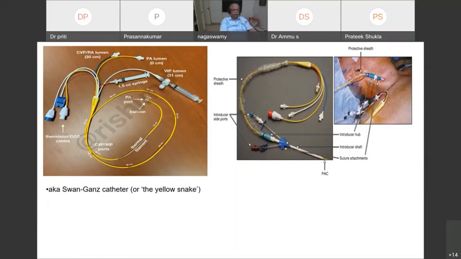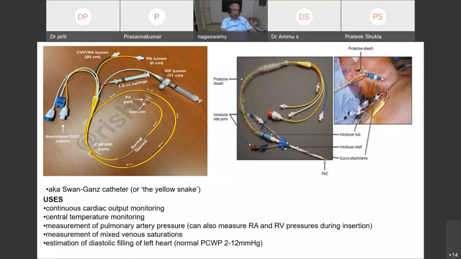Where do you use it? Cardiac output monitoring by the thermodilution technique. Okay, that's the only one. So continuous cardiac output monitoring, central temperature monitoring, measurement of pulmonary artery pressure, also RA and RV pressures, and venous saturation for assessing the state of saturation.